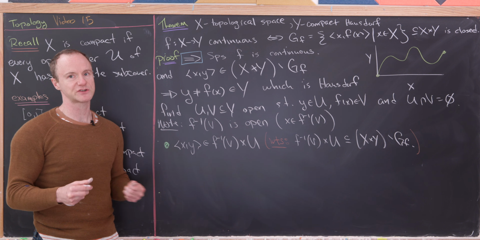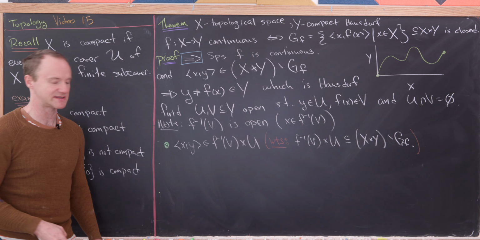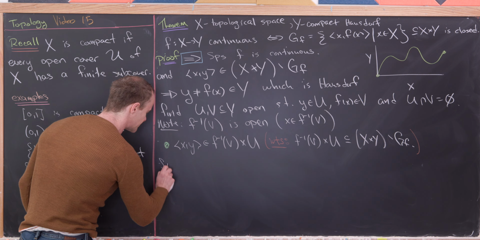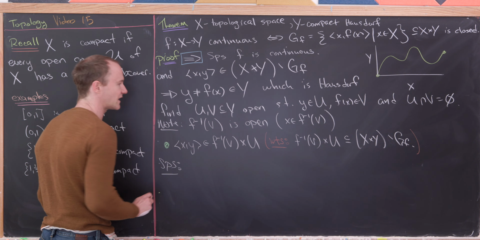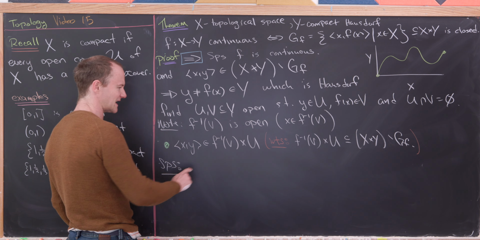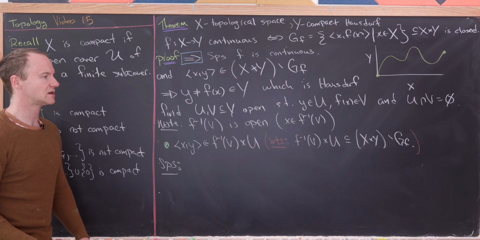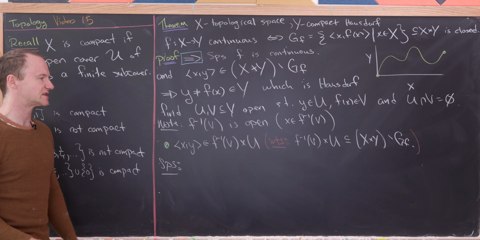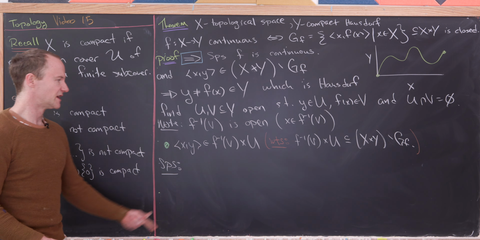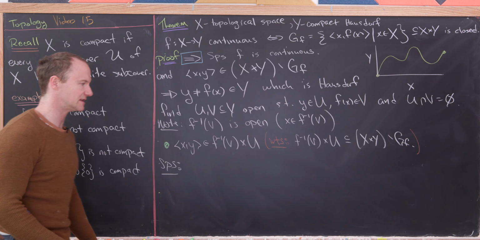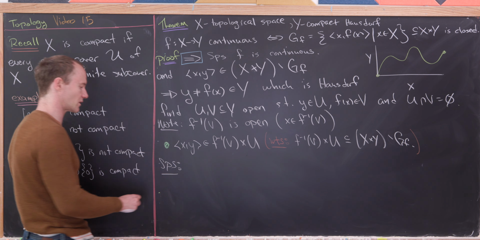In other words, we've shown that the complement is an open set. Now, let's suppose that we've got something that's inside of this, but it's also inside of G sub F. So in other words, this is not contained in the complement. And we want to show that something goes wrong there.